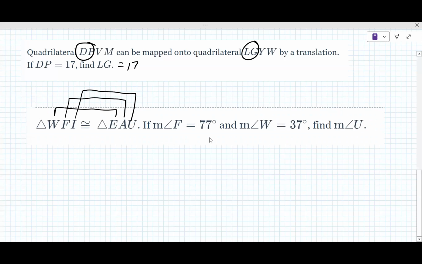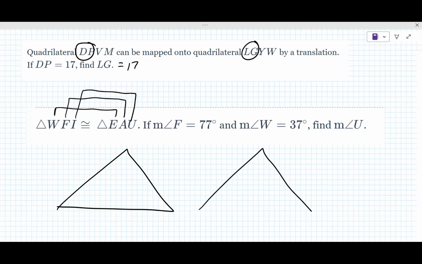All right, so the measure of angle F is 77. That means A is also 77. If W is 37, that means that E is also 37. And you might think for a moment, well, then I can't find U because I don't have it.